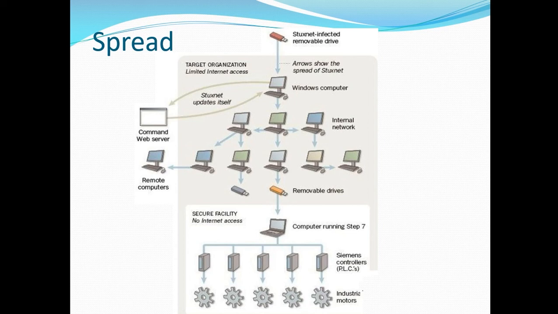The final target: Stuxnet seeks out computers running Step 7 software used to program Siemens controllers. The controllers regulate motors using centrifuges and other machinery, while the computers in a secure facility may not be on a network. They can be infected with removable drives such as USB thumb drives.